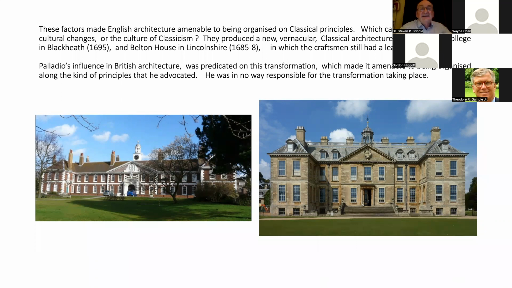These would have happened even if Palladio had never been born. But what they did mean was that English architecture was becoming amenable to being designed according to classical principles. And if it hadn't moved in this direction, Palladio's influence could not have been manifested in any case.